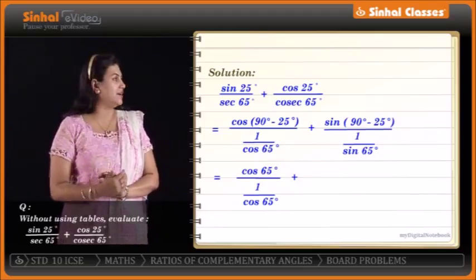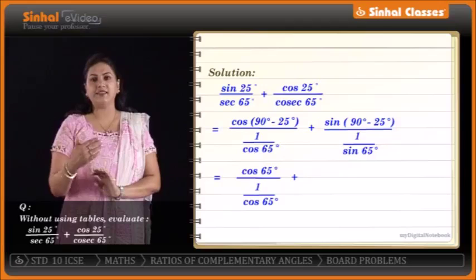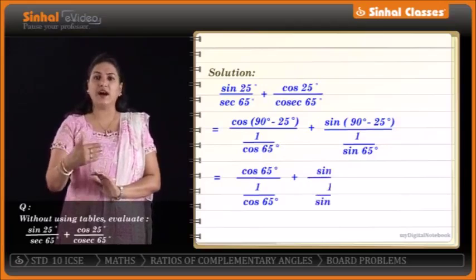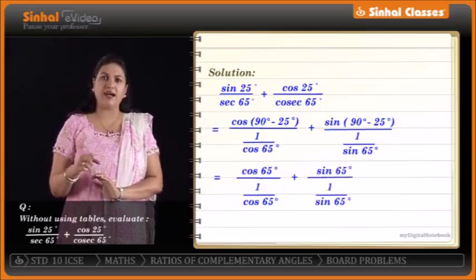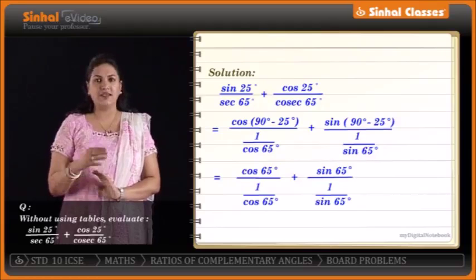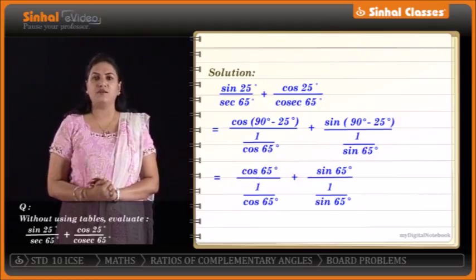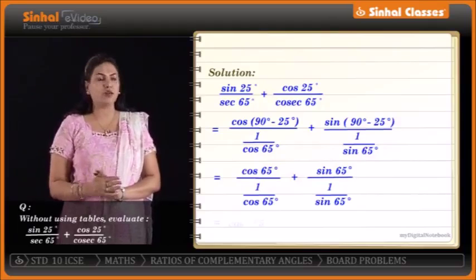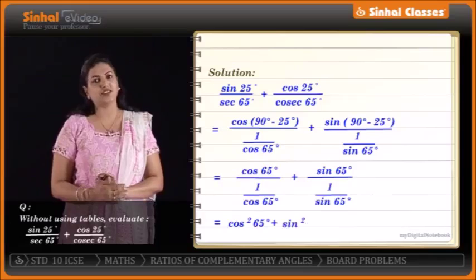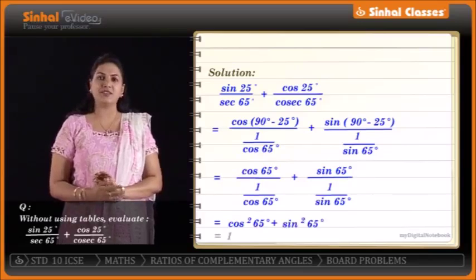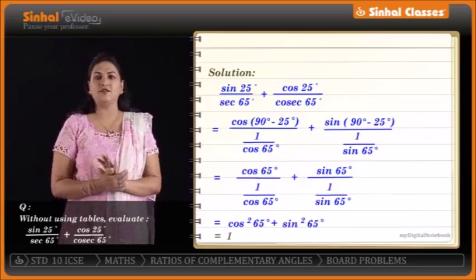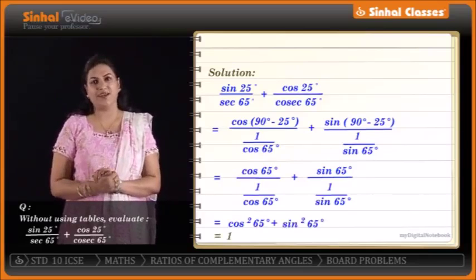Now for the second term, sine 90 minus 25 gives us sine 65 and 1 upon sine 65. Again that sine 65 goes to the numerator. We have sine square 65 upon 1. So we have cos square 65 plus sine square 65, which is nothing but 1, because sine square theta plus cos square theta is 1. So the value for this expression is 1.